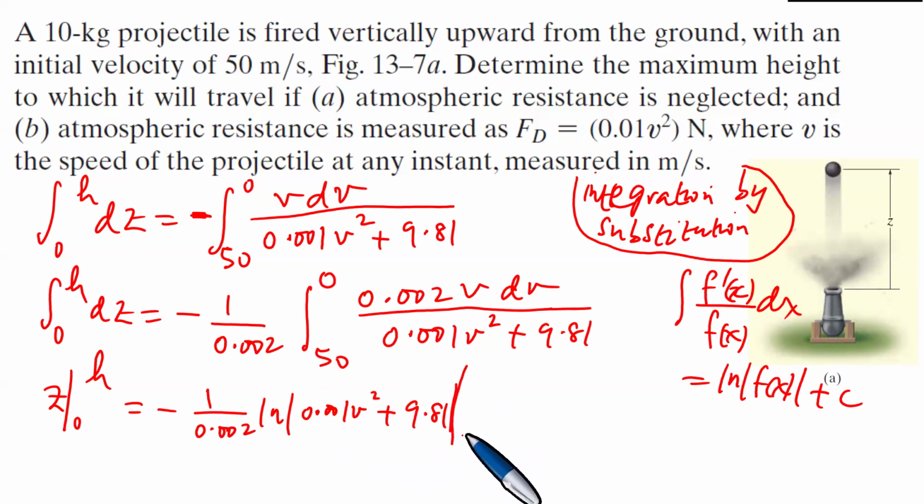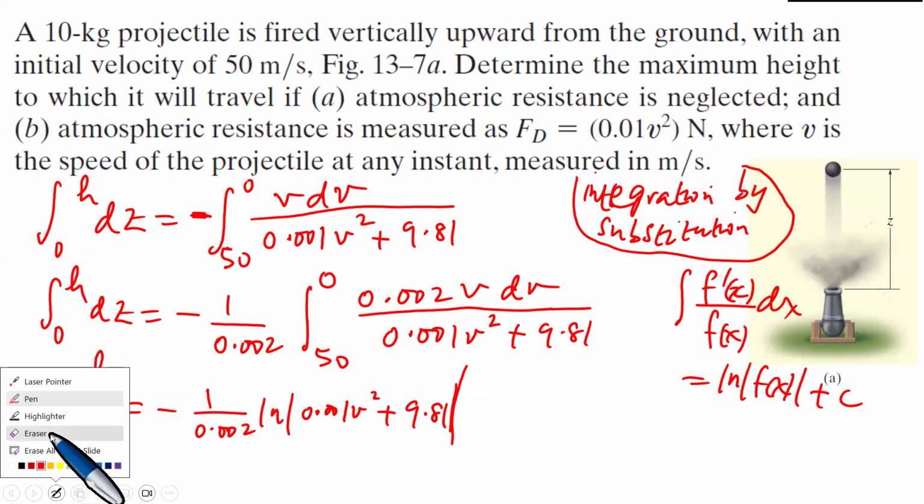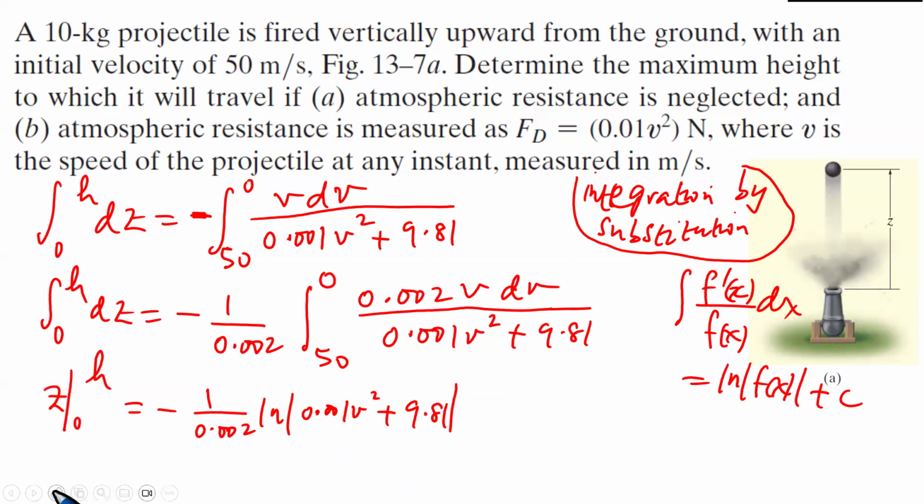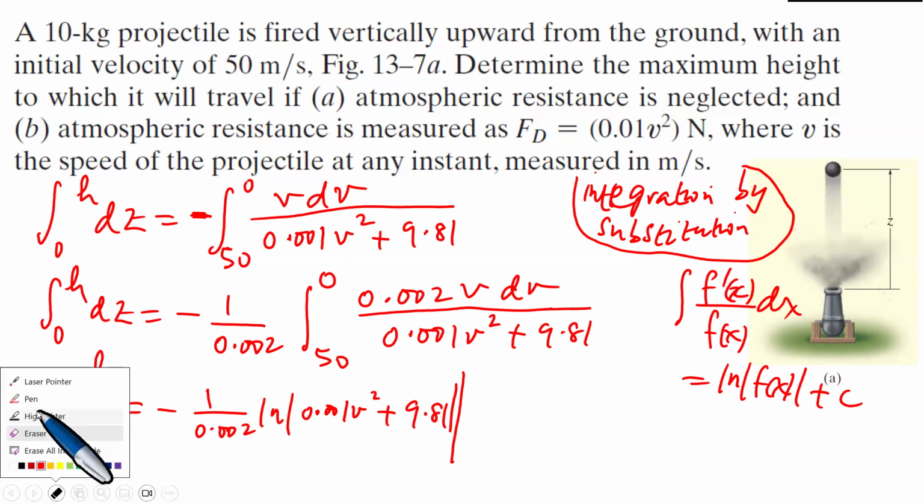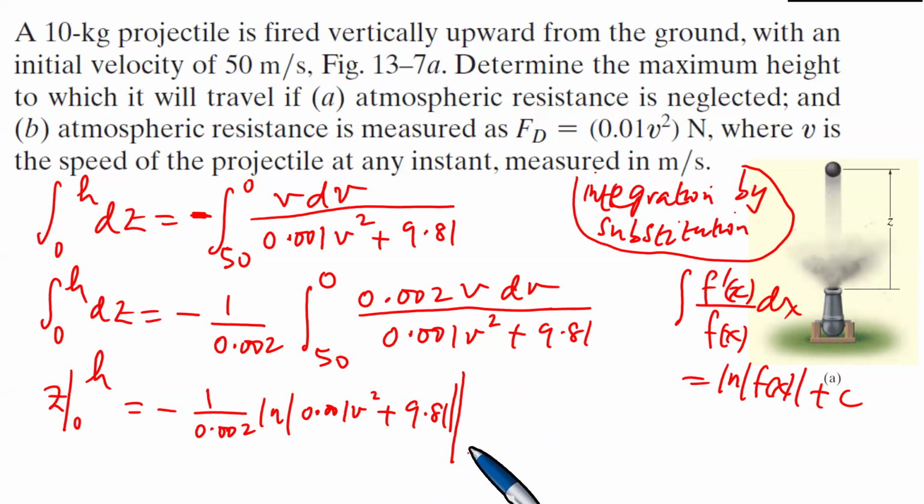So now in the end, we're able to achieve this, which is the integral from 50 to 0. I'm going to give examples on this type of integration.